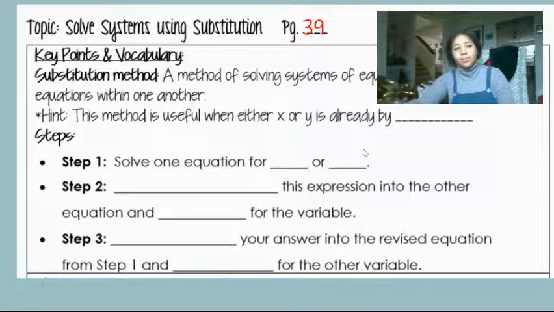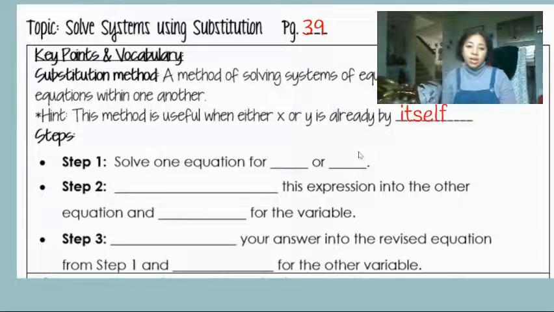Substitution. Right. Hint. This method is useful when either x or y is already by itself. So it's easier when x or y is already by itself. But like I said, we've been practicing literal equations, so we should be able to rearrange it so that we can get one of those variables by itself.